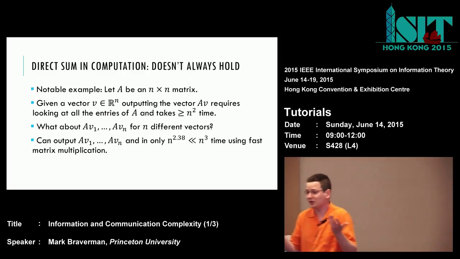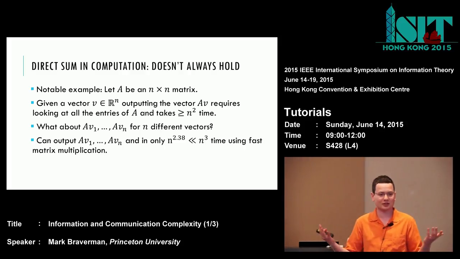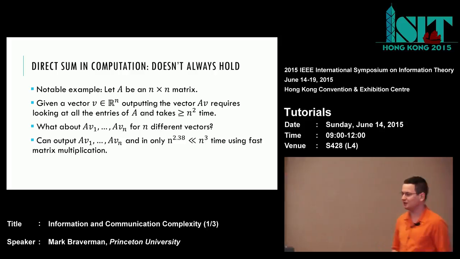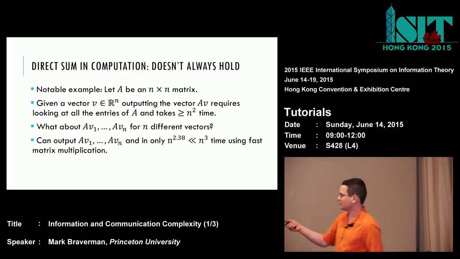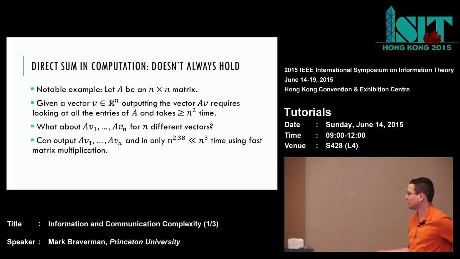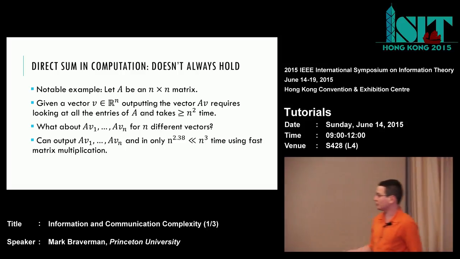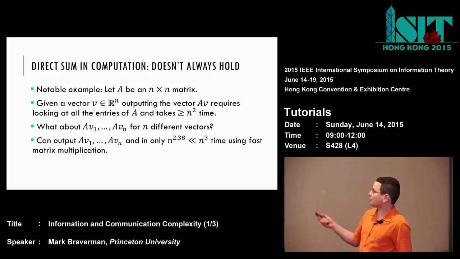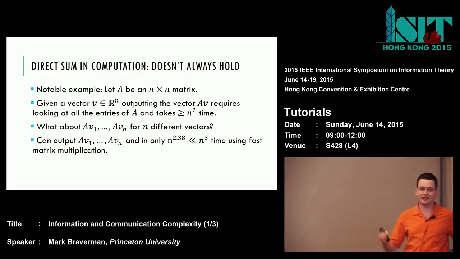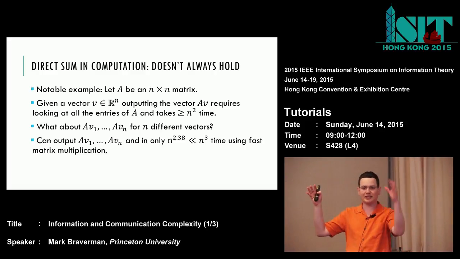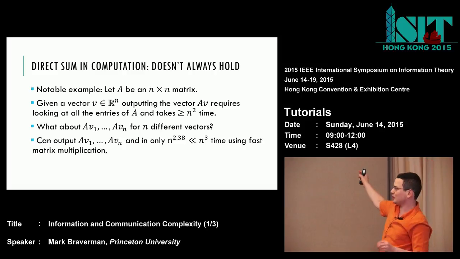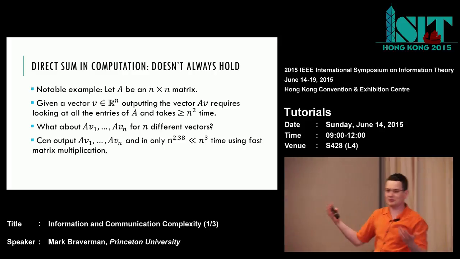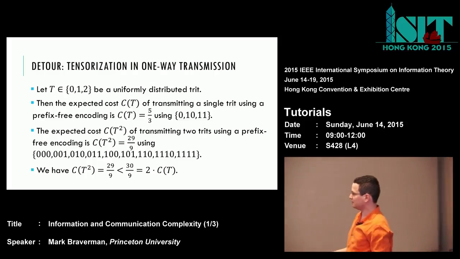It's because there is an interesting structure that you can exploit to do matrix multiplication better. And we still don't know what's the best. For all we know, it could be n squared up to lower order terms. So that's just a cautionary tale saying that if you remember this big table, if you go all the way to the realm of computation, direct sums will start failing. We can't take it for granted.